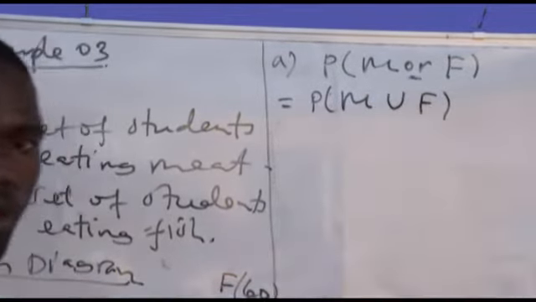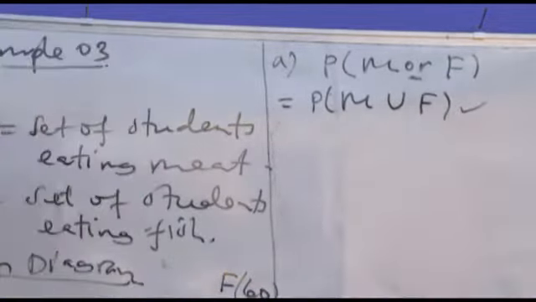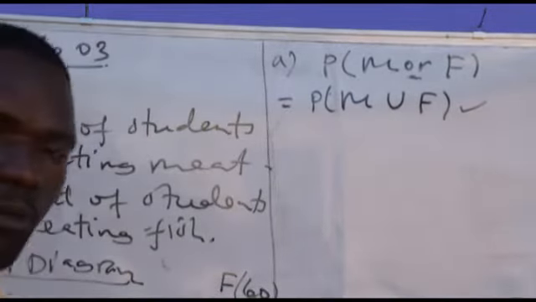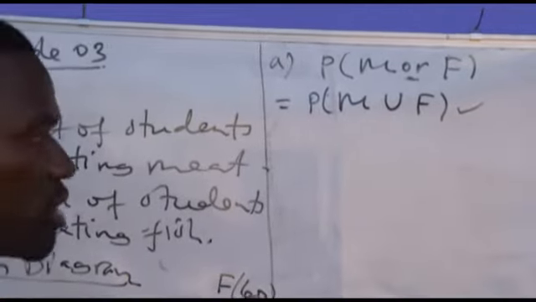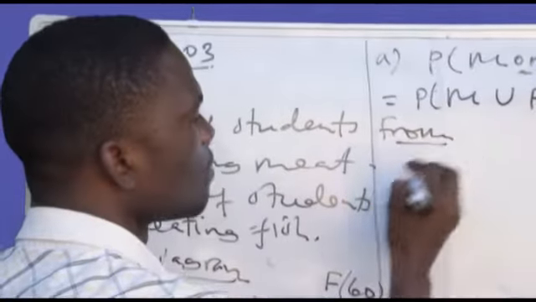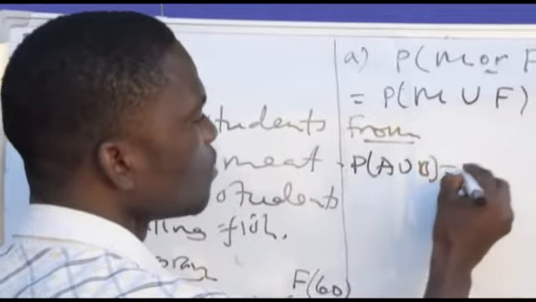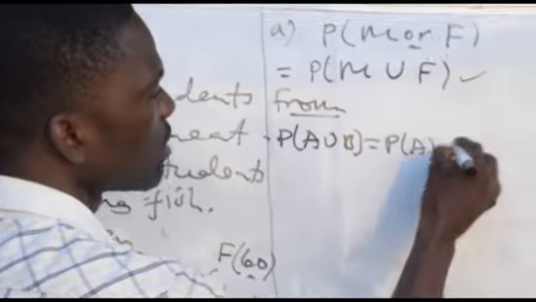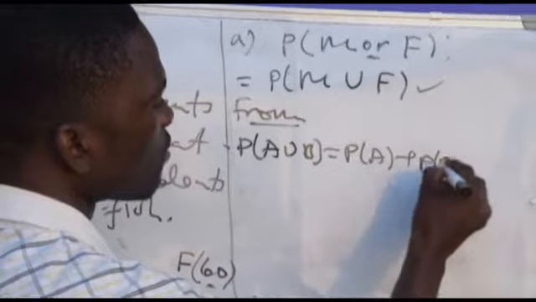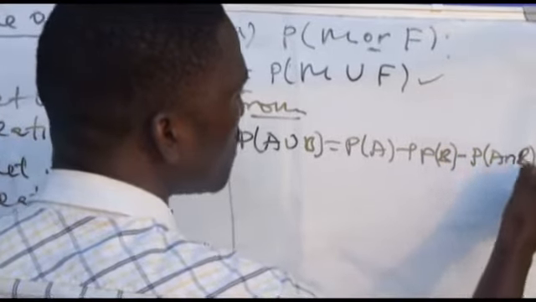Because of "or". Always "or" is symbolized as union. So to find this, you have to use the formula for mutually inclusive events: probability of A union B equals probability of A plus probability of B minus probability of A intersection B.